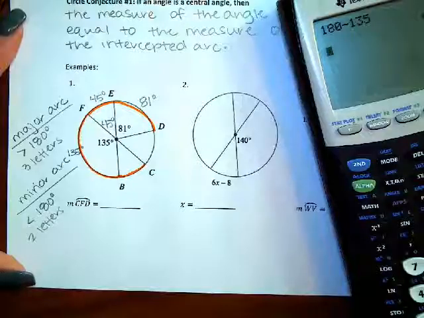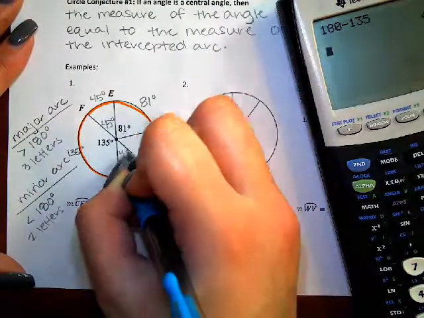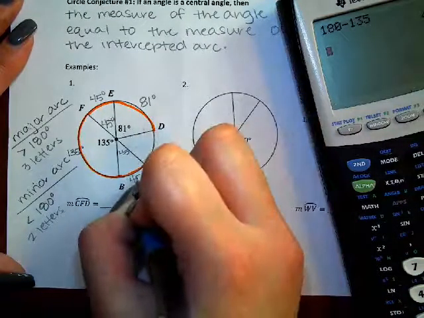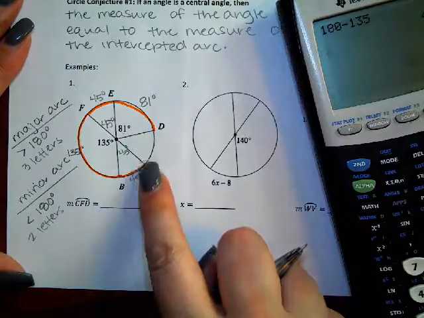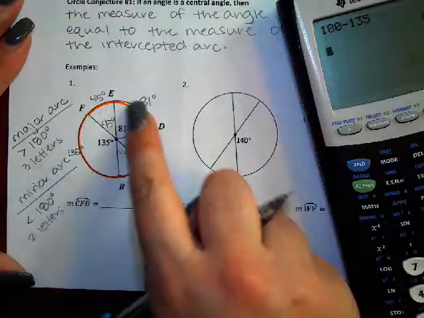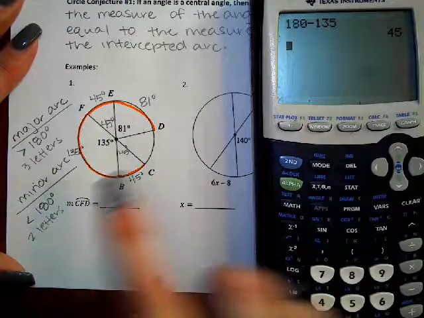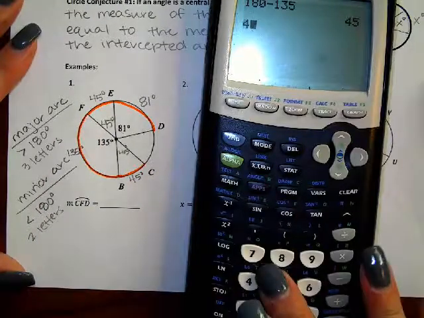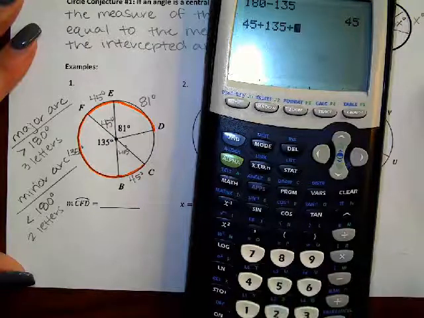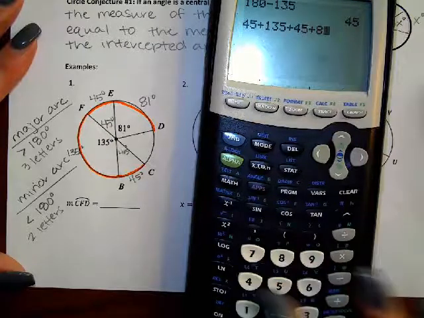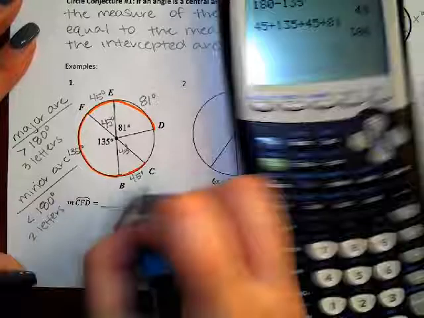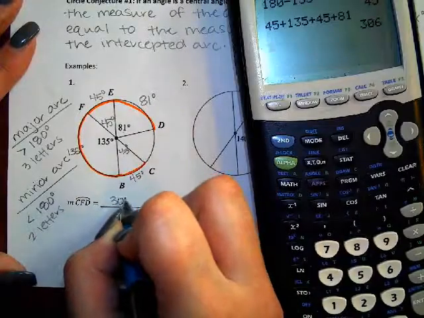So 45, 45. And now I have all of these arcs labeled so that I can figure out what that whole major arc is, arc CFD. So 45, 135, 45, and 81. So that arc is 306 degrees.